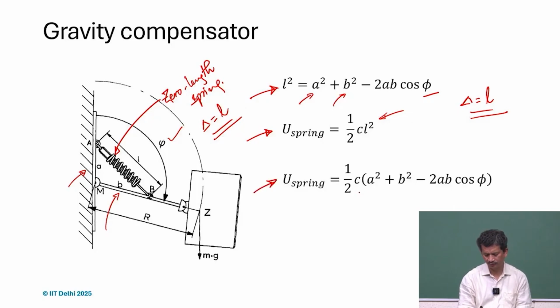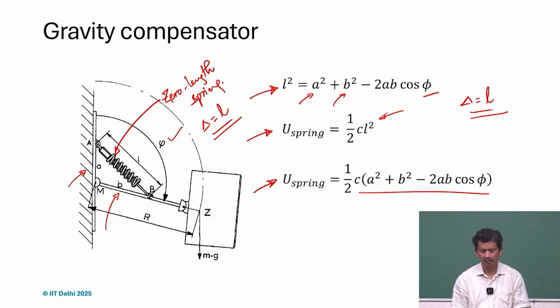Here we have 1 by 2 C, and in brackets A square plus B square minus 2AB cos phi. So this is the relationship for the potential energy stored in the spring.